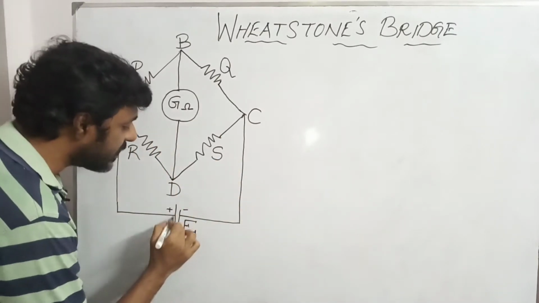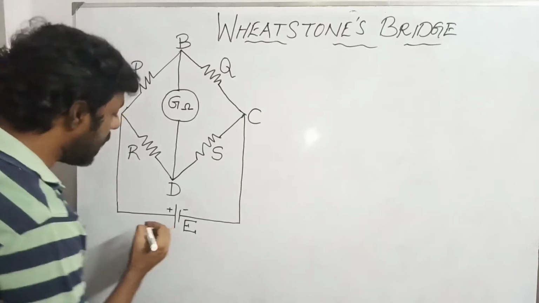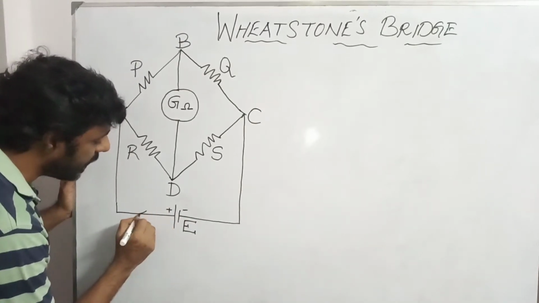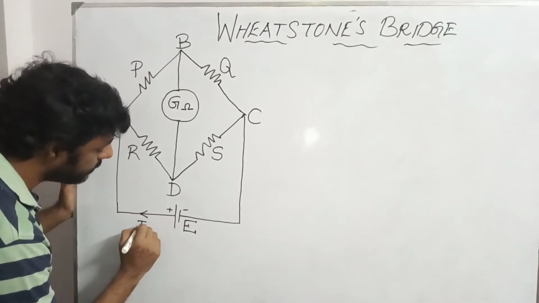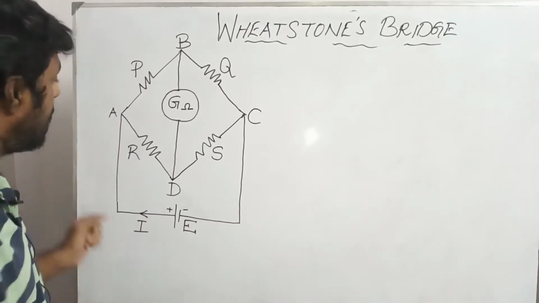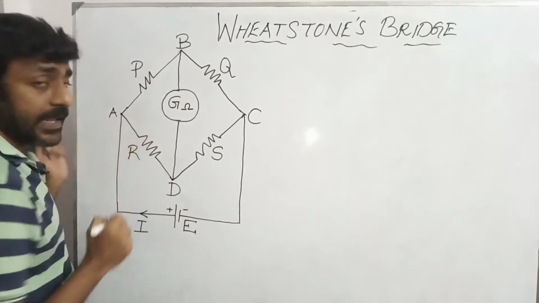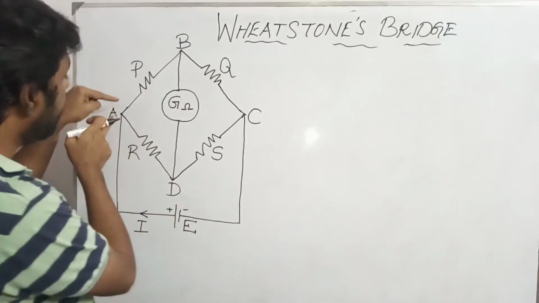So now when the battery is connected, what will happen? The battery supplies a current I, and this current goes to the junction A, and it will divide.